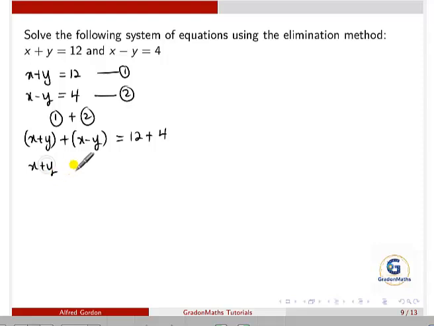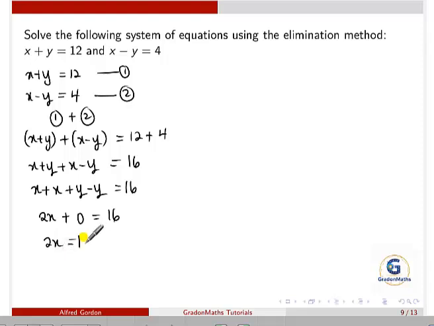So x plus y, plus x minus y is equal to 12 plus 4 gives us 16. Grouping like terms, we have y minus y is equal to 16. And x plus x gives us 2x. y minus y gives us 0. And we have 16. So we have 2x is equal to 16.